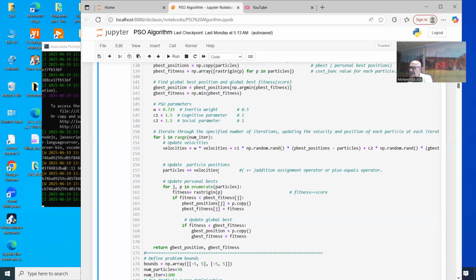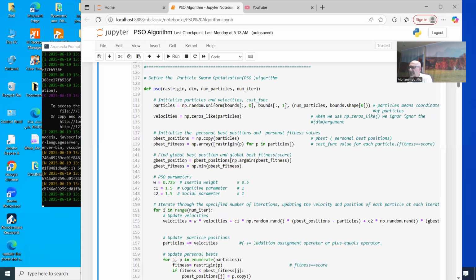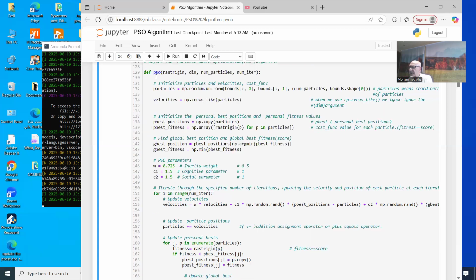Now, what is in between? We are going, of course, to manipulate the parameters which are included within the PSO algorithm. As we have said, initially we have to initialize the particles and velocities. This step is usually done one time only, and it is not updated. So we create an array with random numbers using random uniform. This was explained to you in the previous lecture.